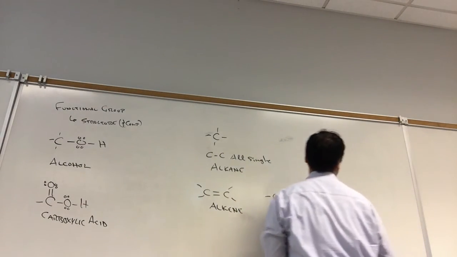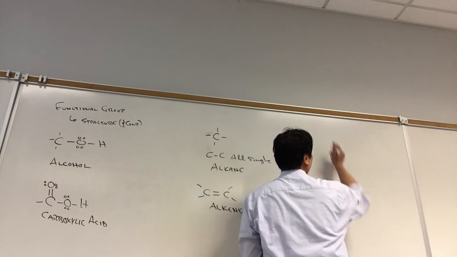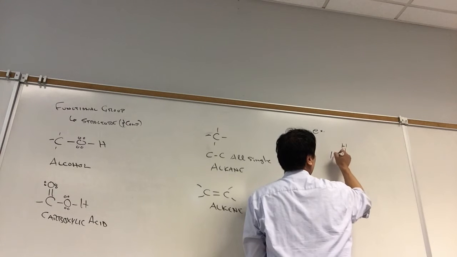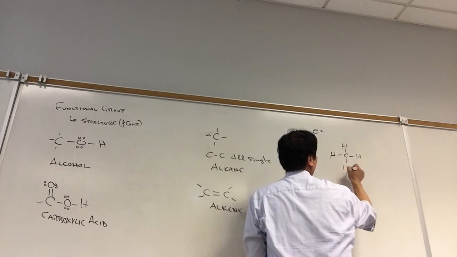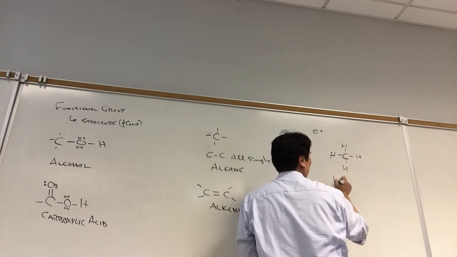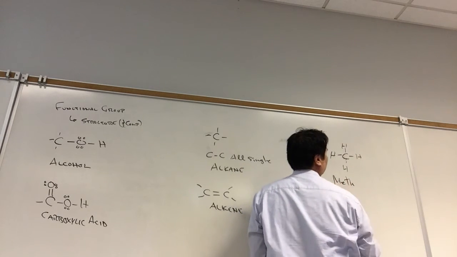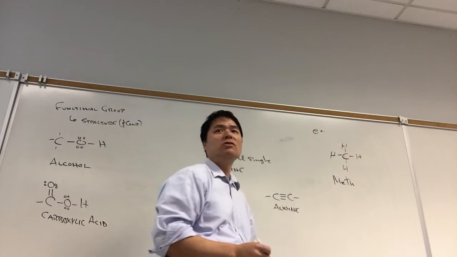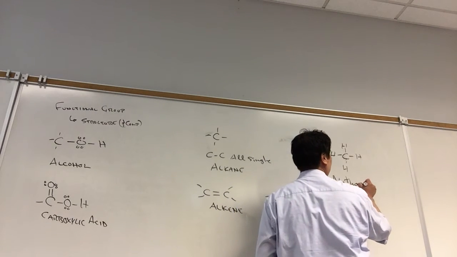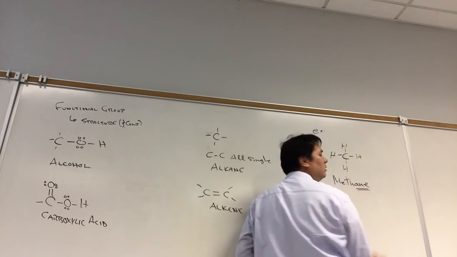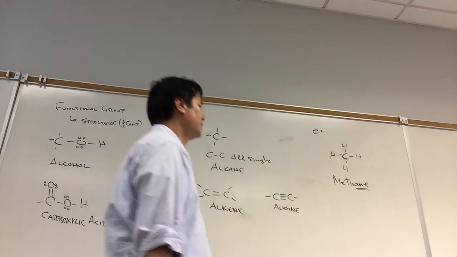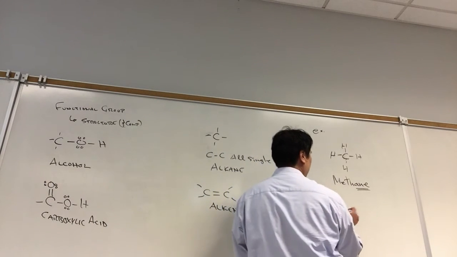And so let's look at some examples of naming these things. Okay, how many carbons in this one? One, so meth. And then there are no double bonds, triple bonds, anything else, so we just call it methane. And so here's the functional group part. It's an alkane. Methane doesn't exist, but we could have something like this.